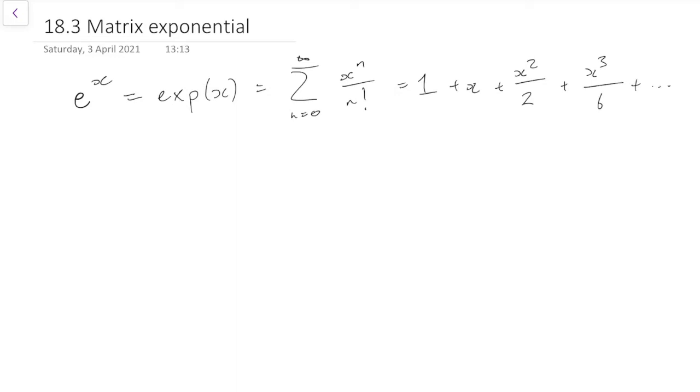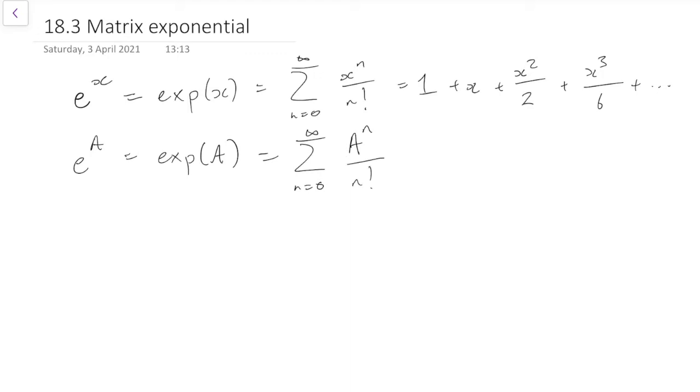And so basically we can just use this definition as it exists, but bung a matrix in there. So if capital A is a square matrix, then e to the A, or if you prefer exp of A, it's just going to be the same sum, n equals 0 to infinity, of matrix A to the n over n factorial.